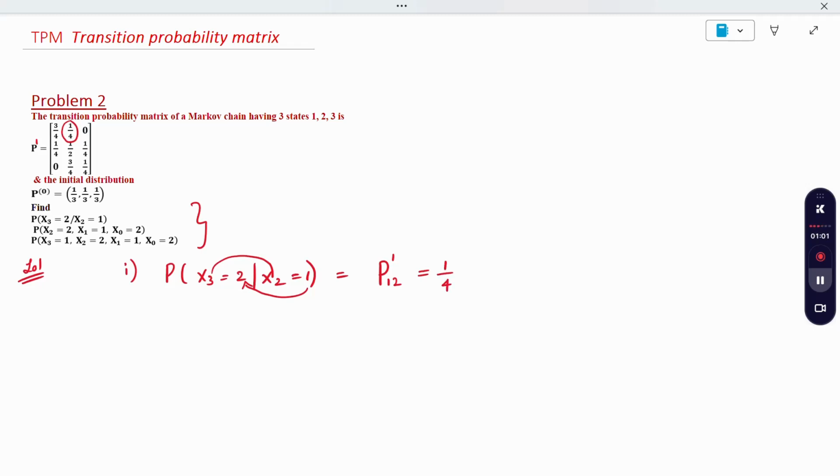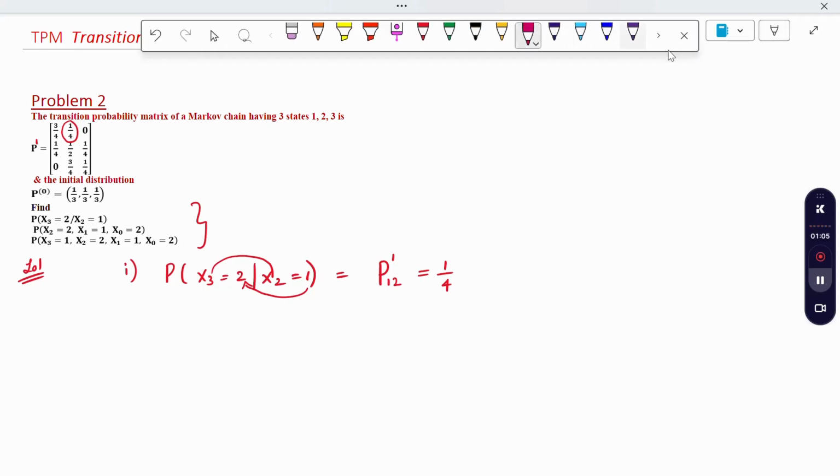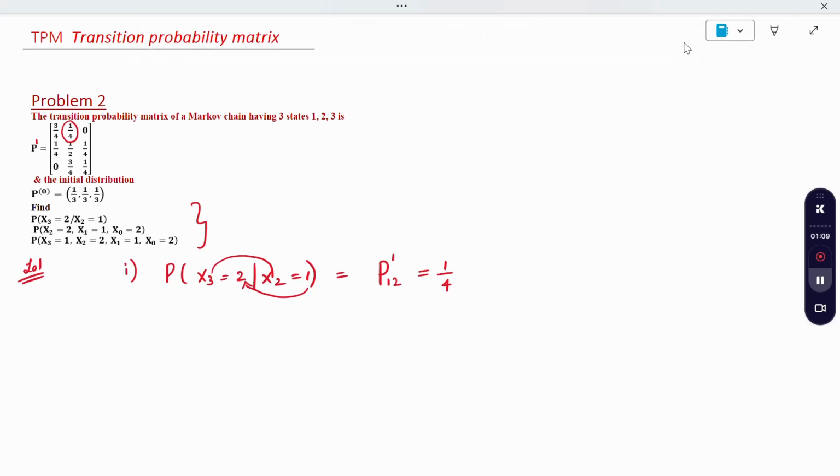What is our second subdivision? Probability of x2 equal to 2, comma x1 equal to 1, comma x0 equal to 2.